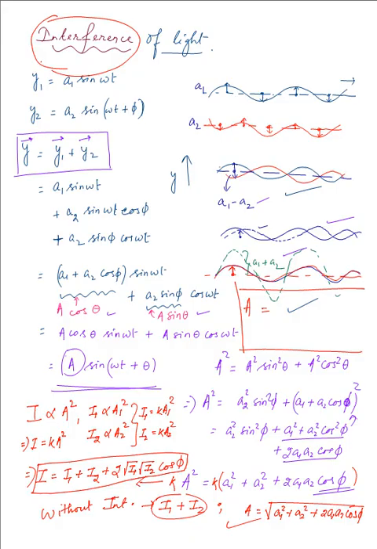So A is simply equal to the square root of (A1 plus A2) squared, which is equal to A1 plus A2, which is exactly what we have written over here.